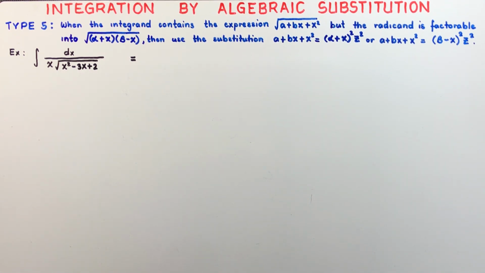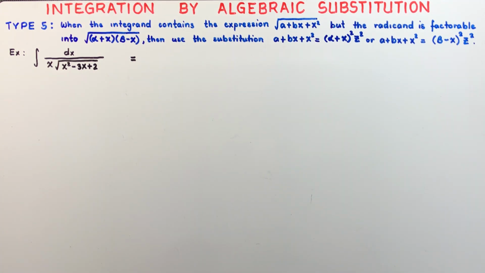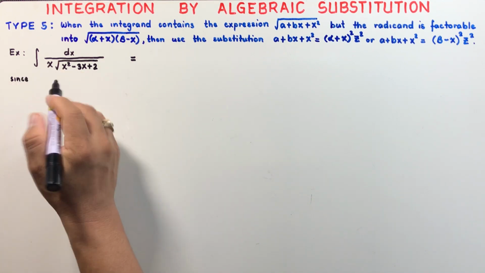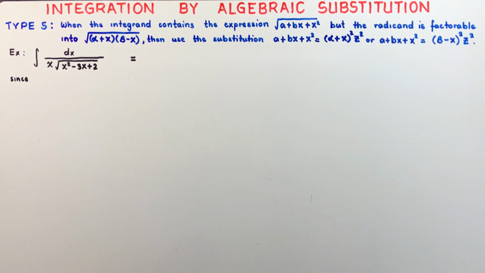What is the integral of dx over x times the square root of x squared minus 3x plus 2 here? Now, we notice that our radicand, the expression inside the square root symbol, is factorable.